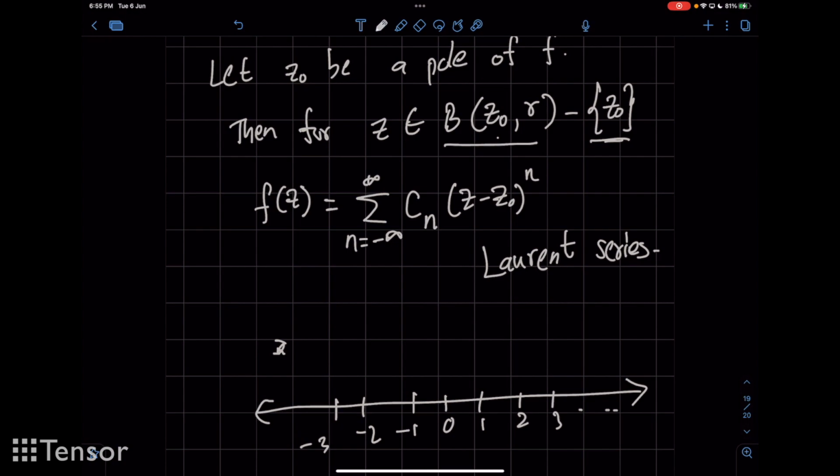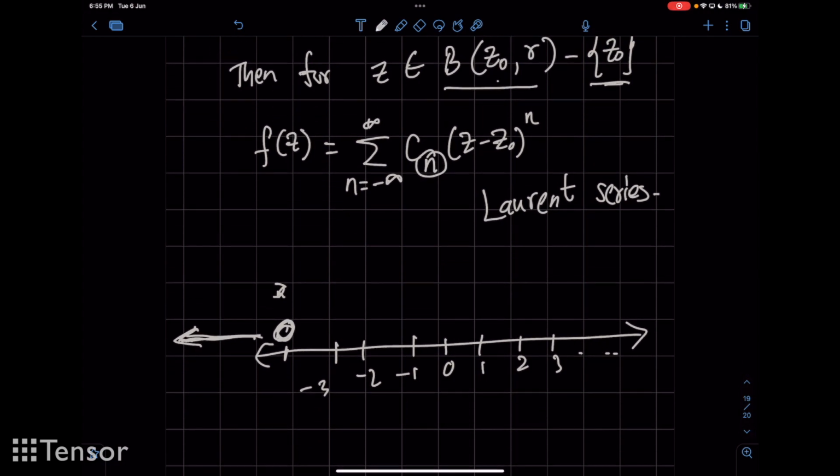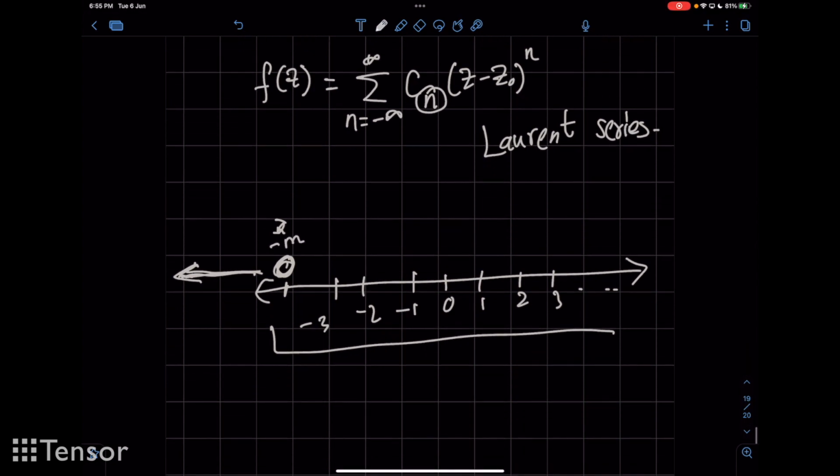All these coefficients of this Laurent series are indexed by the set of integers, right? So we have a theorem that says that if z naught is a pole, then there is some negative integer here such that all the integers to the left of this integer, those coefficients are 0. Essentially, we have a Laurent series that starts from this integer. Let's say that is negative m. So I'm going to state it now.